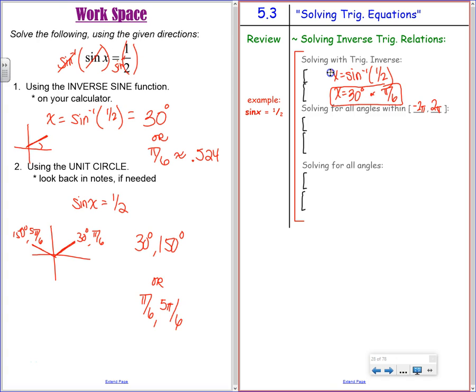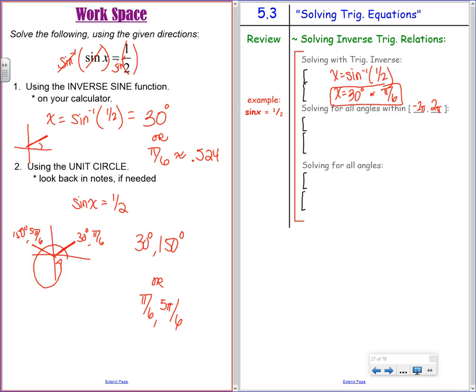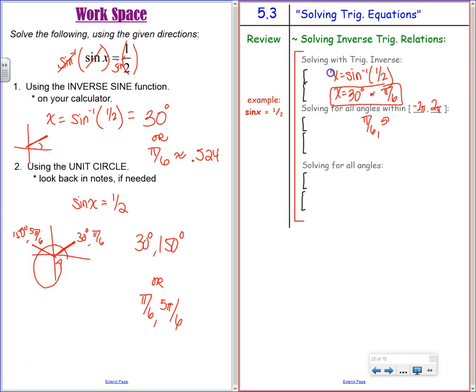So we could look over there and say, okay, in the unit circle, if I go 0 to 2 pi, one time around the unit circle, looking at all the angles through the first, second, third, and fourth quadrants, there are 2 times sine's going to equal 1/2. So sine's going to equal 1/2 at both, well, hold on, radians, pi over 6 and 5 pi over 6. But guys, what's the dilemma with that if I stopped there?